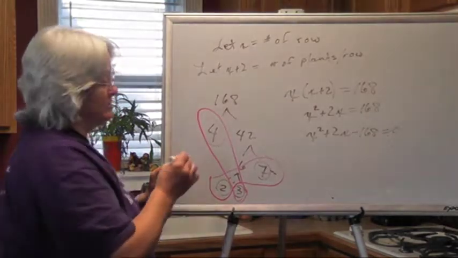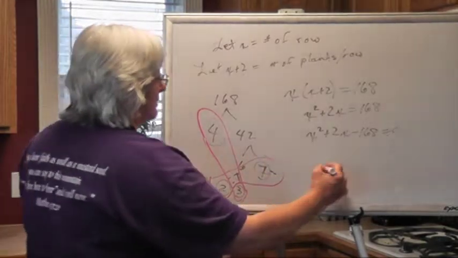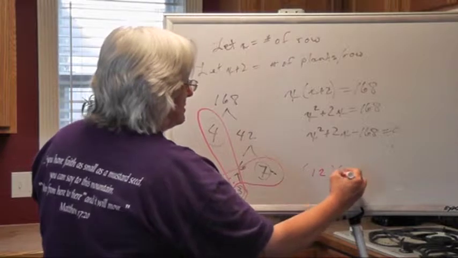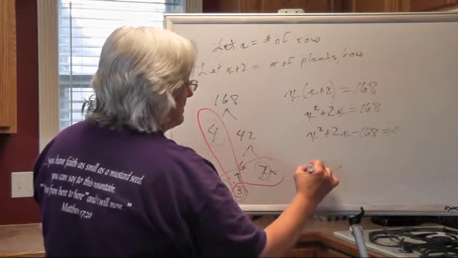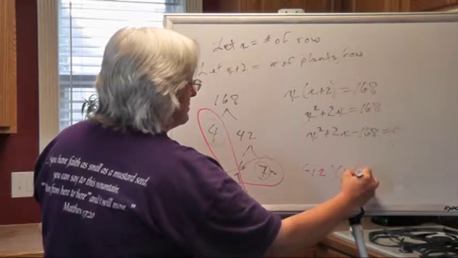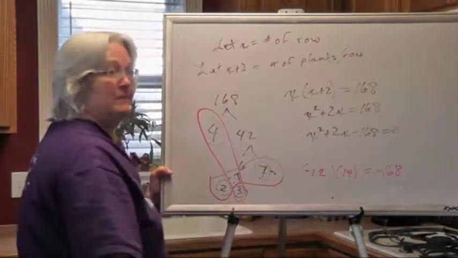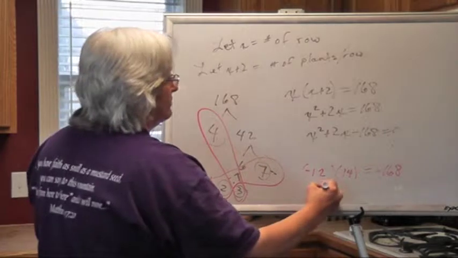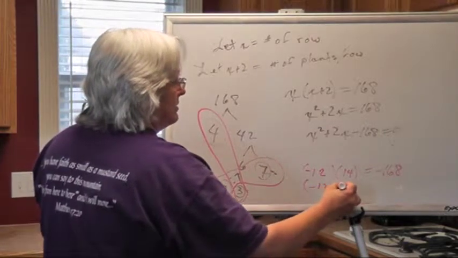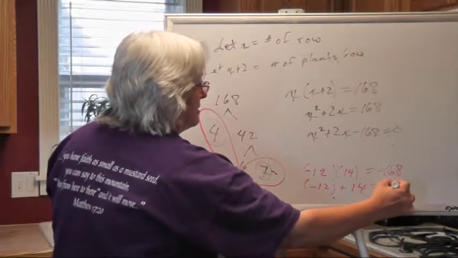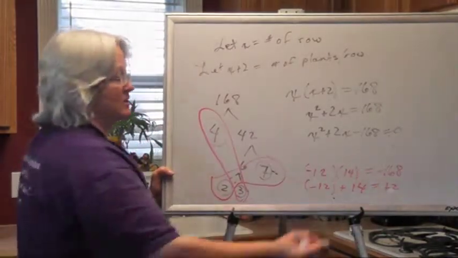Now that looks good. If I have a negative 12 times a positive 14, that should give me a negative 168. If I have a negative 12 plus a positive 14, that gives me a positive 2.